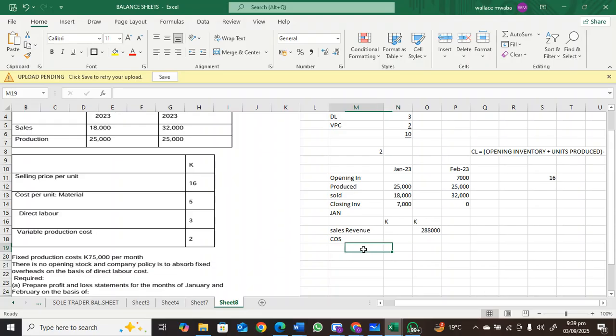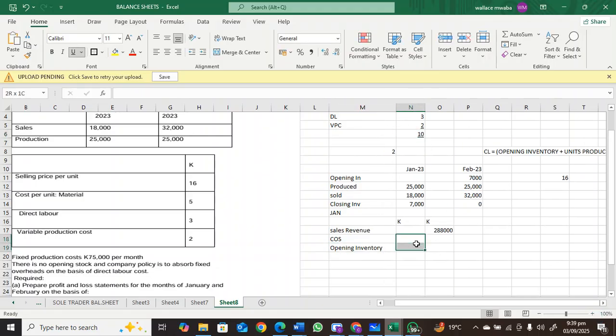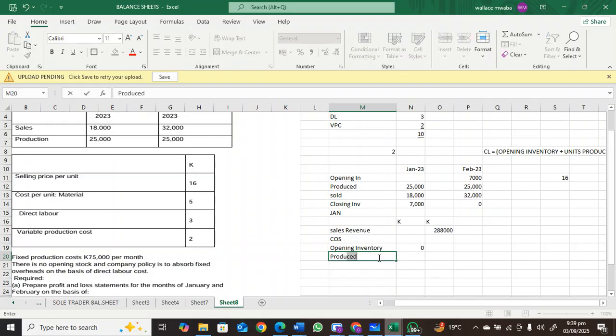Then we get our cost of sales. We start with our opening inventory. Here we do not have any opening inventory; we would have valued it at 10 kwacha per unit. So opening inventory is zero. Then we go to the production costs. We produced 25,000 units and it costs 10 kwacha to produce one unit.